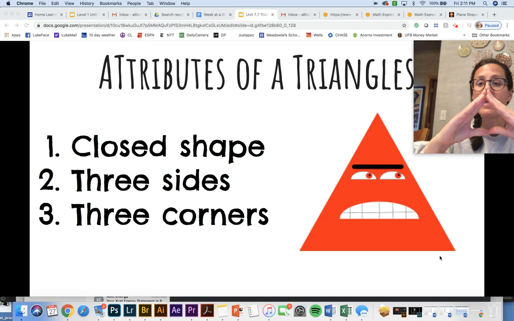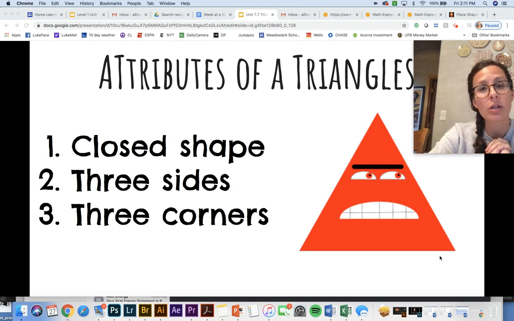If I open it up, even the smallest amount, it no longer is a triangle that is closed. So imagine that you are trapping something inside of your triangle, and if you open it up even just a little bit, it's no longer considered a closed shape. So a triangle has to be a closed shape.